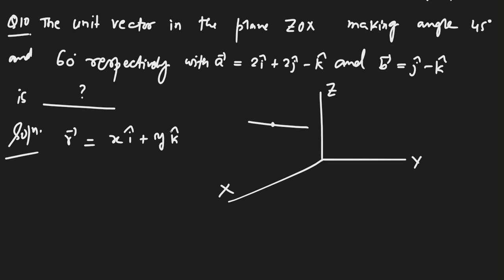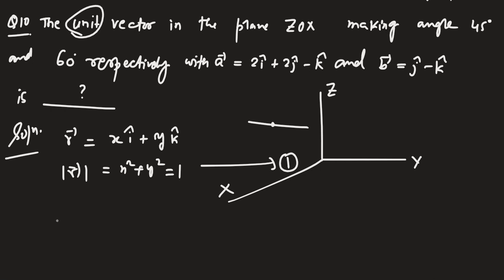Okay, now this vector is what type of vector? Unit vector. That means mod of r is x square plus y square, which is equal to 1. Equation 1. Next, this vector is making an angle of 45 degree.